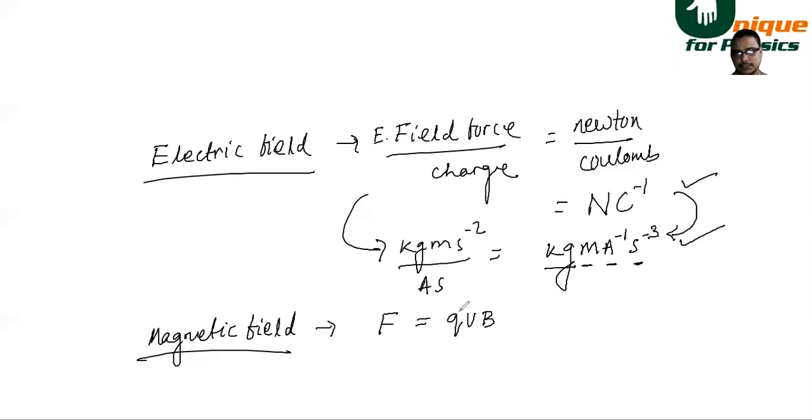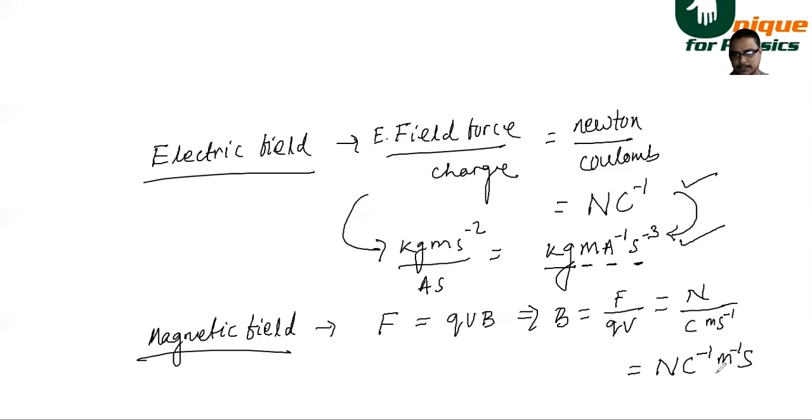So we can write B is equal to F divided by QV. So you get Newton, and then Coulomb, and velocity is meter per second, ms minus 1. This gives us Newton, Coulomb inverse, meter inverse, and second. So that way also you can write what is the magnetic field, dimensionally.